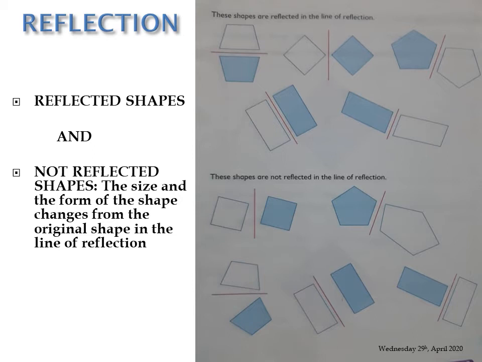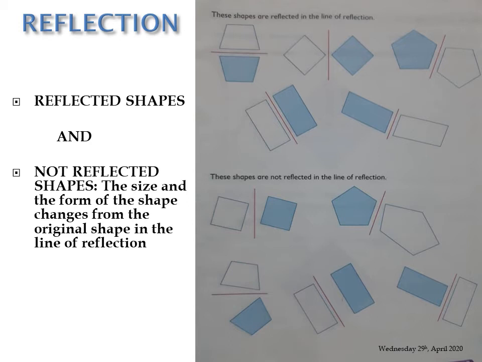Now look at the trapezium we have. The trapezium should have reflected well, but what is the problem with the trapezium? The actual shape, that's the one with the deep blue. Can you see the distance of the actual shape from the line of reflection? Now look at the reflection and look at the distance between the shape and the line of reflection.